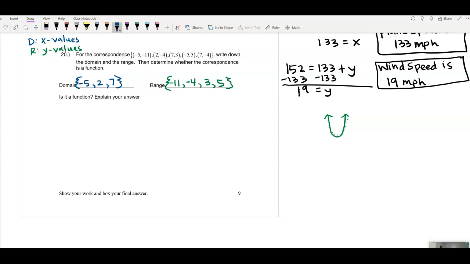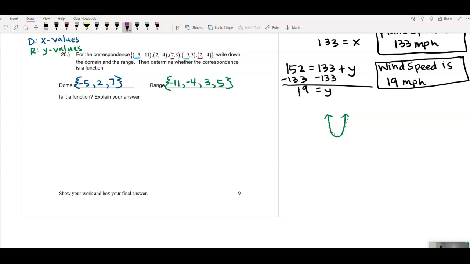Okay, so then, is this a function? How can you tell if it's a function or not? Okay, so Camilla's saying it's not a function because we have repeating values, right? I see that -5 is going to -11, but -5 is also going to 5, right? 7 is going to 3, but 7 is also going to -4.